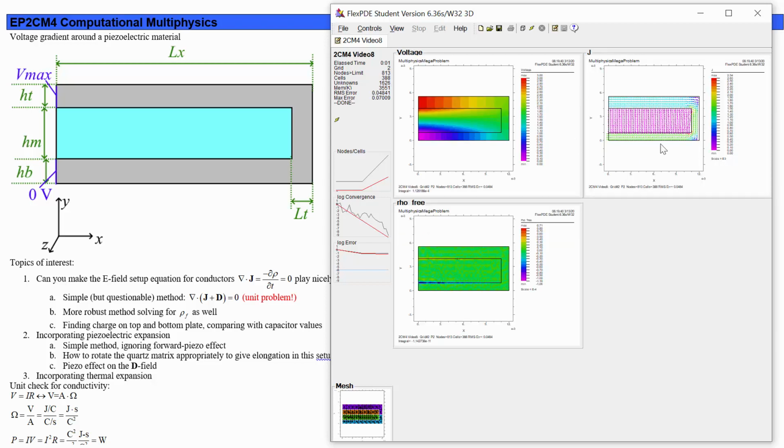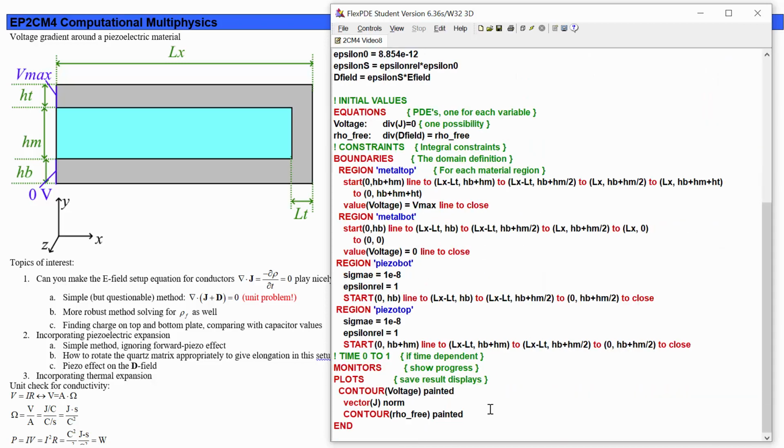We've got the voltage, we've got the current density, and the charge density. Next up is to calculate what the total charge is on the top plate and the bottom plate. And we can do this with integrals. So let's add in a summary section, and we'll say Q top. Maybe we'll make a variable for this.